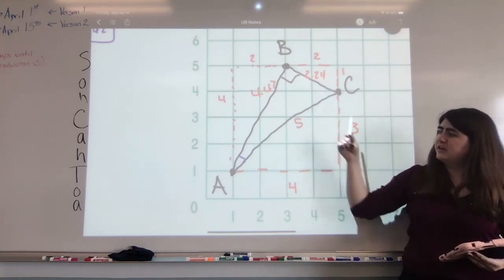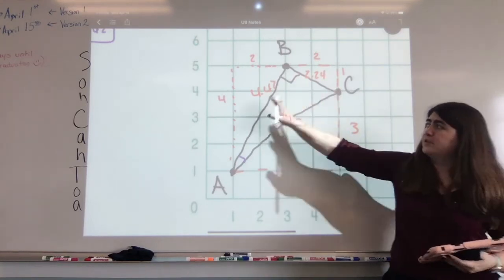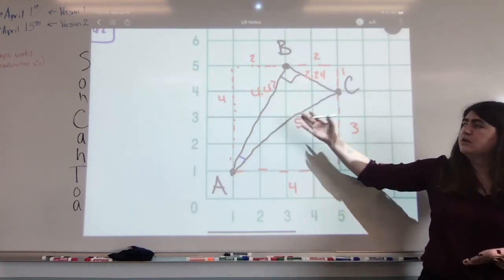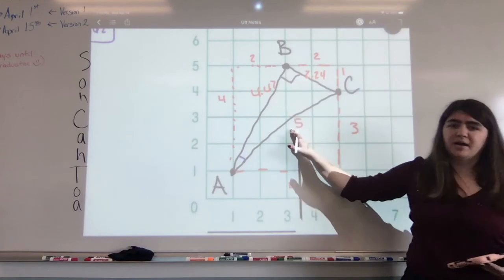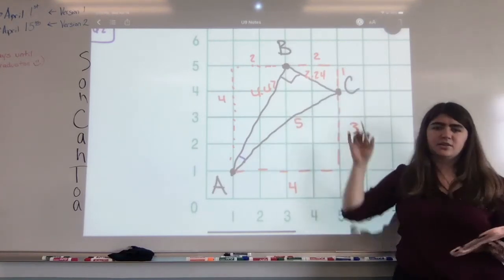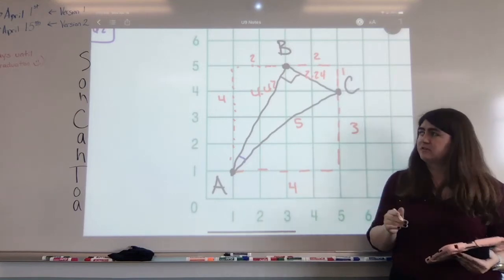So angle C, if I choose to use those same two sides, will be opposite from 4.47, and then 5 is still the hypotenuse. So if I'm looking for opposite and the hypotenuse, I have to be using sine. But again, we're solving for the angle, not the ratio. So we have to use the inverse sine.